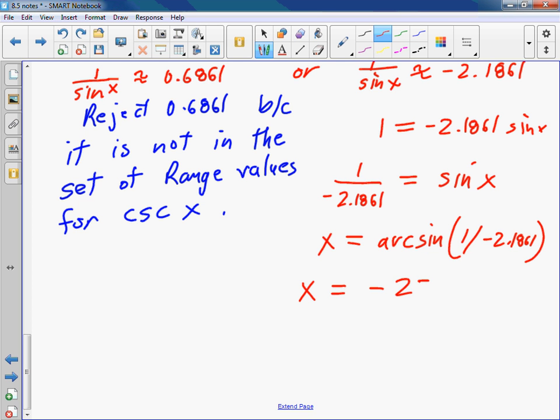You did it in degrees? Oh, you punk. Change that to radian mode, Tyler. So x equals approximately -0.4574 radians.